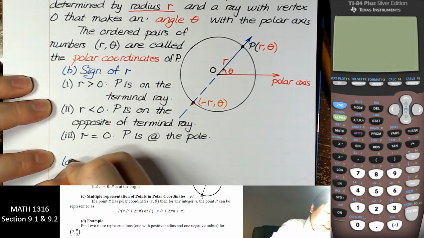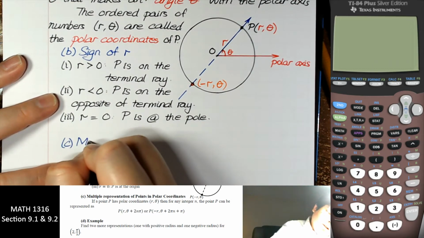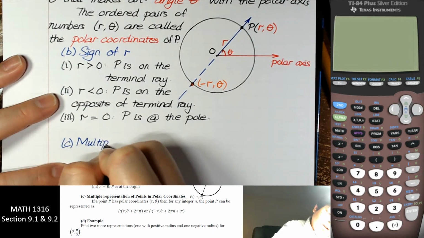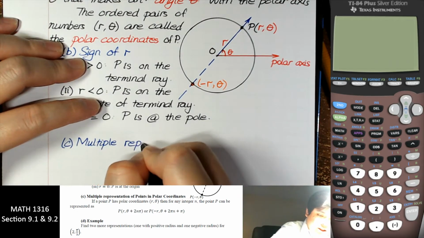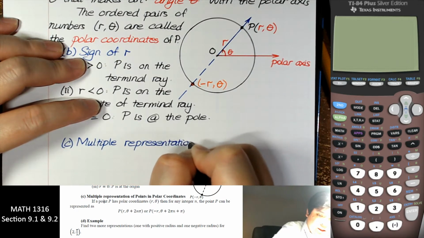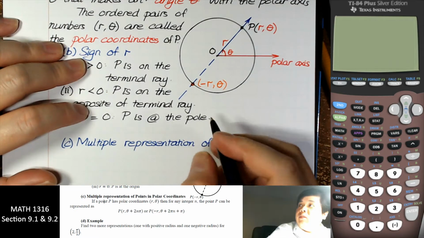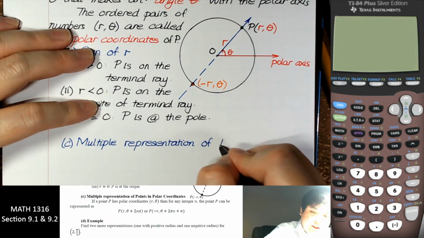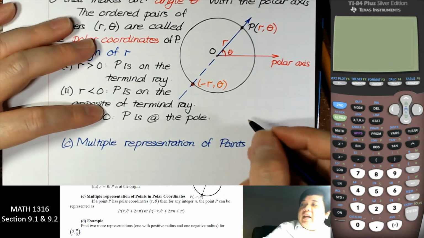C. Multiple representations of points in polar coordinates.